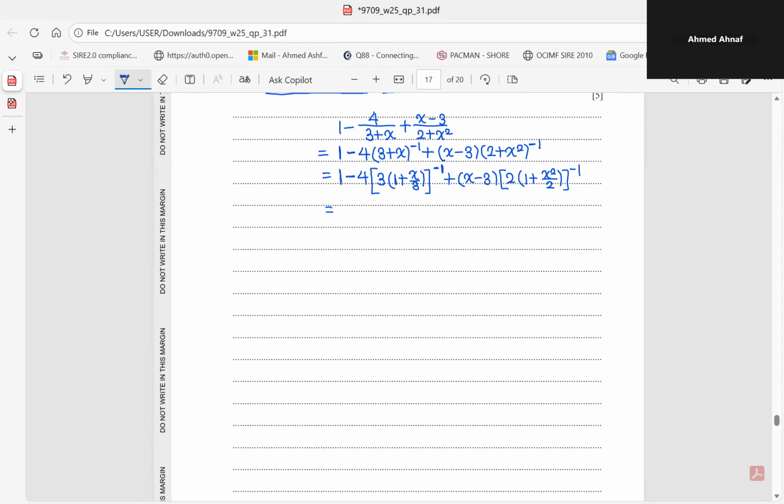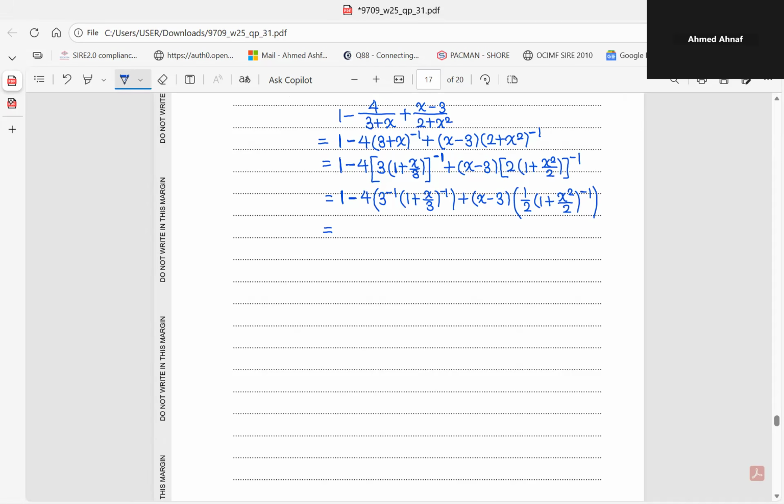Okay, so you get 1 minus 4, spread the powers to both of the terms, so you get 3 to the power of -1 times (1 plus x over 3) to the power of -1, plus x minus 3 times, also spreading the powers, 2 to the power of -1, you get half times (1 plus x squared over 2) to the power of -1.